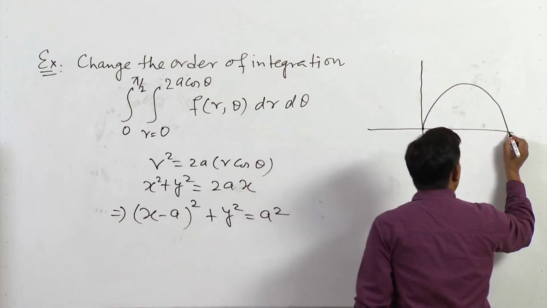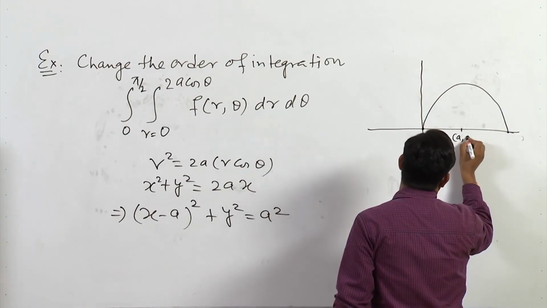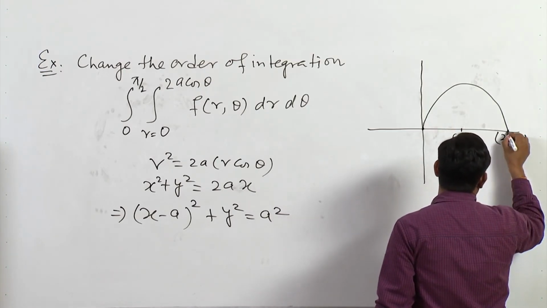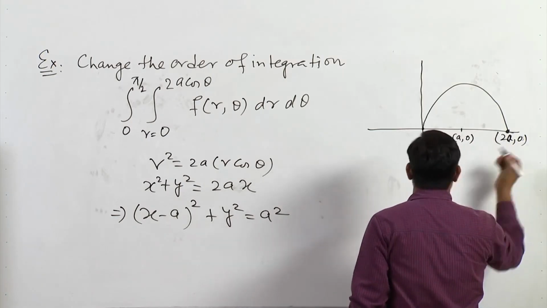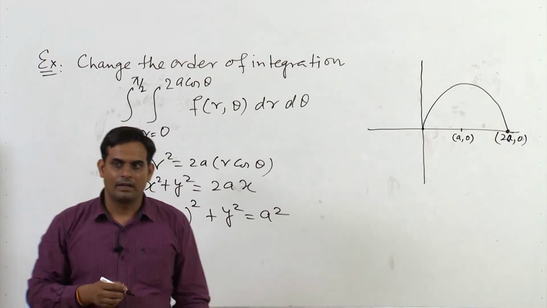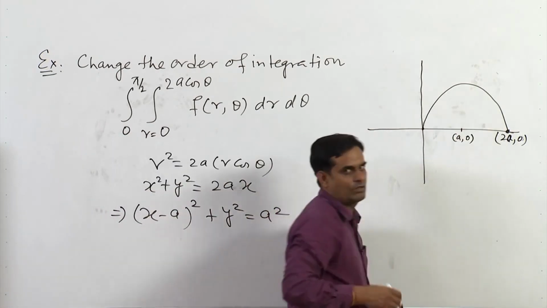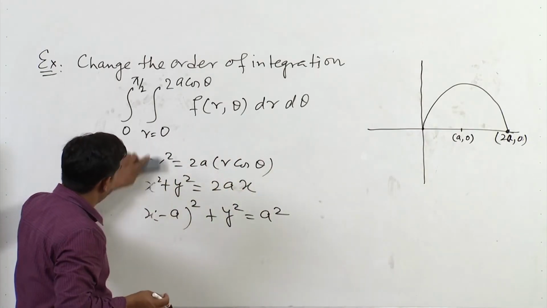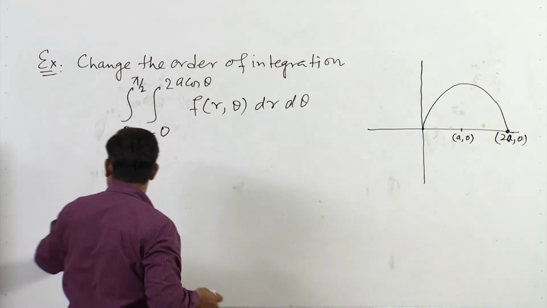So, in the first quadrant this will be this circle. The center will be at a, 0 and the radius is a. So, this point will be 2a, 0. So, r is a, theta is 0, r is 2a, theta is 0. Theta is going 0 to pi by 2. So, we are taking only the first quadrant, and according to the given problem we are taking the radial strip. Why radial strip?